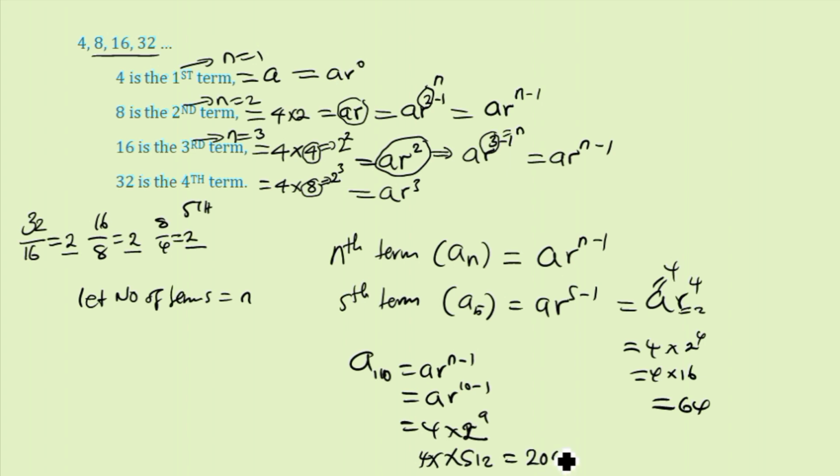In other words, to get the nth term of a GP or a geometric progression is given by an equals ar power n minus 1.